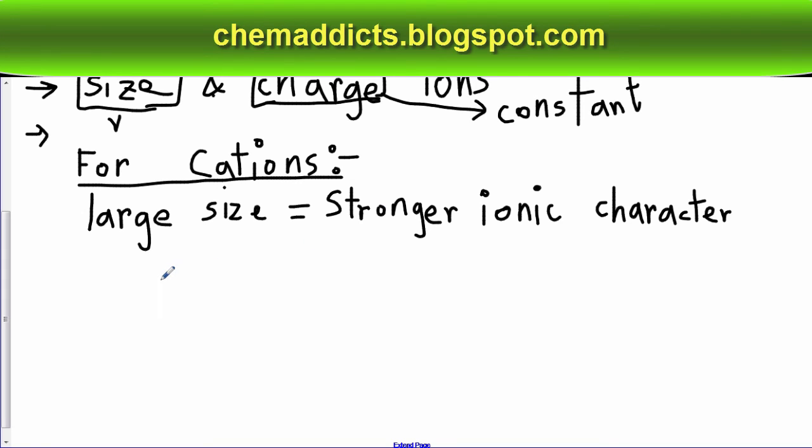So why? Because when the cations get larger, let us see according to covalent character.